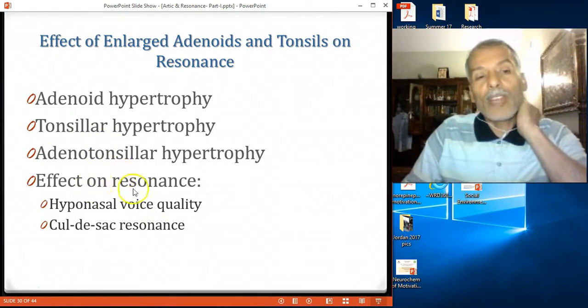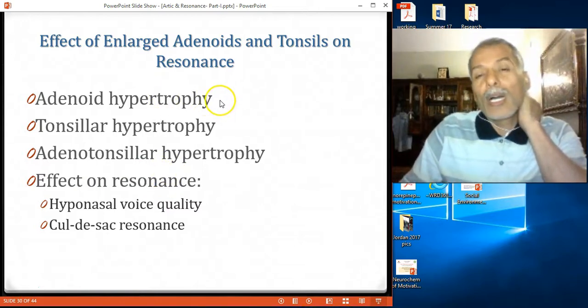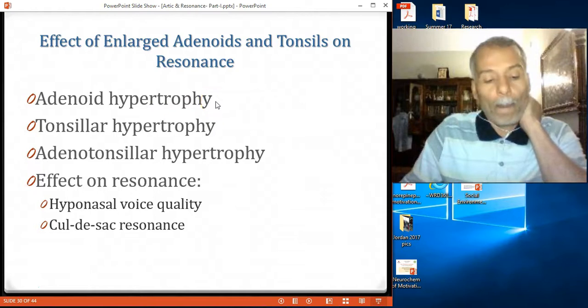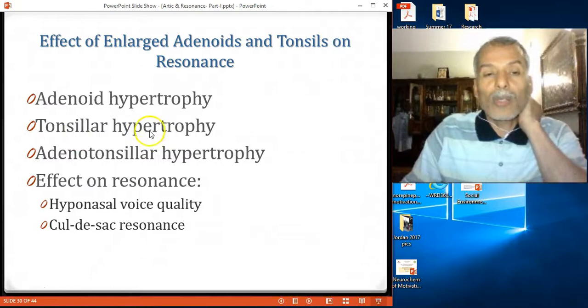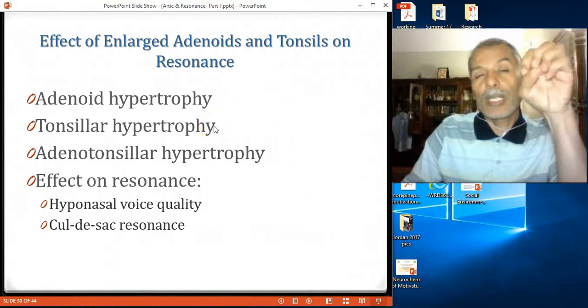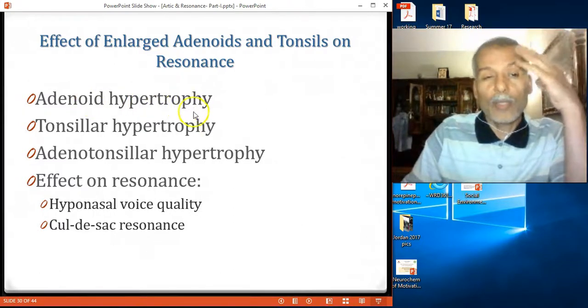Anyways, the effect on resonance, we discussed it. If only the adenoids are enlarged, you get hyponasality. If only the tonsils are enlarged, that's going to affect resonance a little bit, depending on how big they are, but it doesn't necessarily produce an abnormal resonance that you would identify as hyponasality, for example.